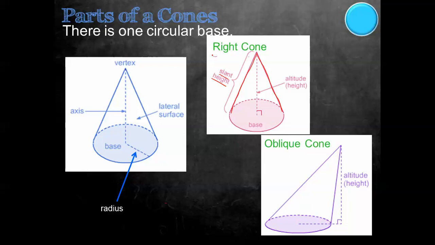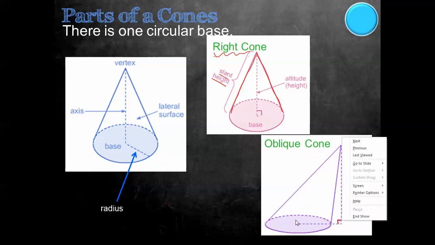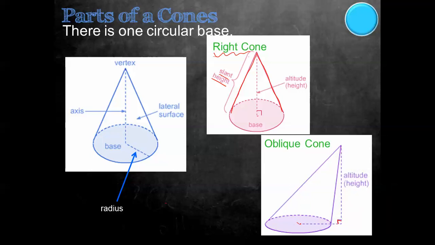For example, in a right cone, the altitude is right in the middle of the base. If you have an oblique cone, see how it's slanted over here, then the altitude is going to be outside, but it's still perpendicular to the base. It's just not going to be in the center of the base.